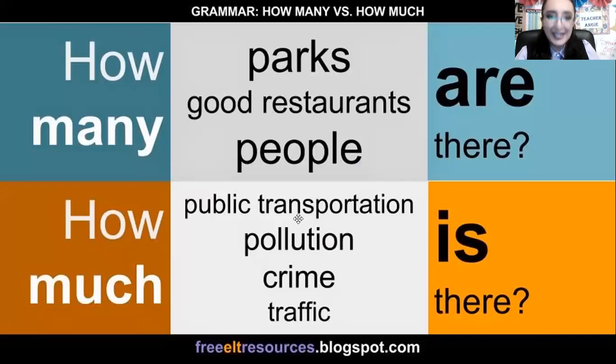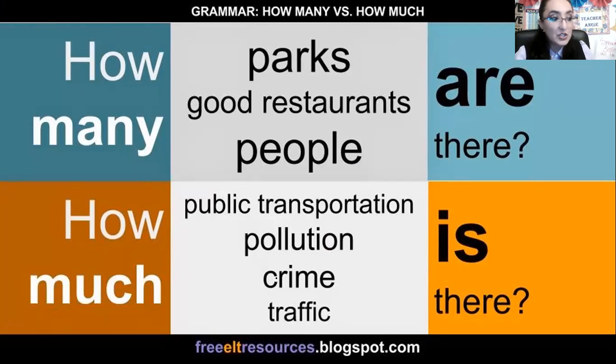Now, how many and how much are there? Is there? Remember, how many for plurals, countables. How many parks are there? How many good restaurants are there in your city? How many people are there in your country? Excellent.